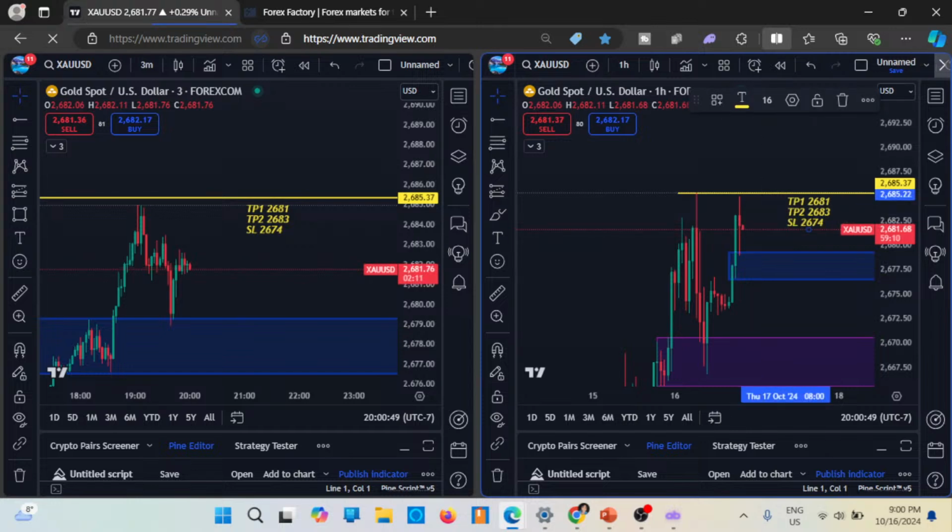This is a sell right there. The price is most likely going to sell. So I'm going to enter a small sell here for gold, and set the stop loss at 26.87.